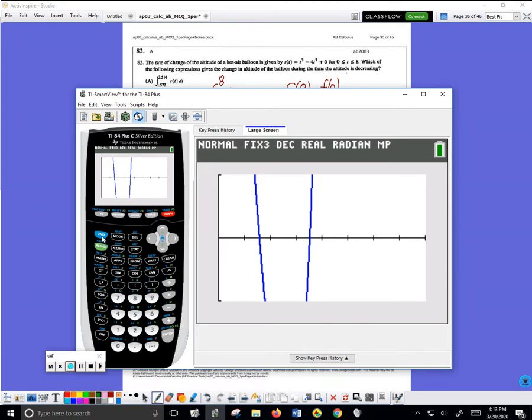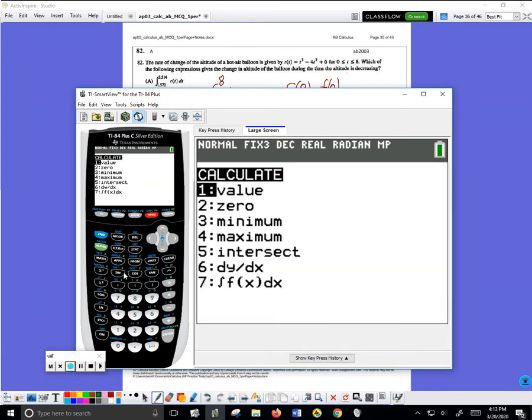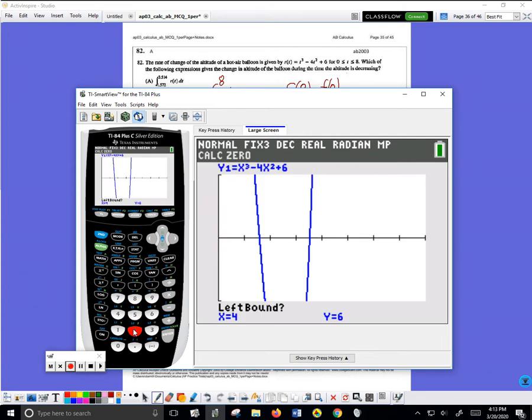That's second, calculate, zero, and I've got to find the left. It says x equals 4. I only need to go to about x equals 1. There's the left bound, x equals 2 for the right bound.